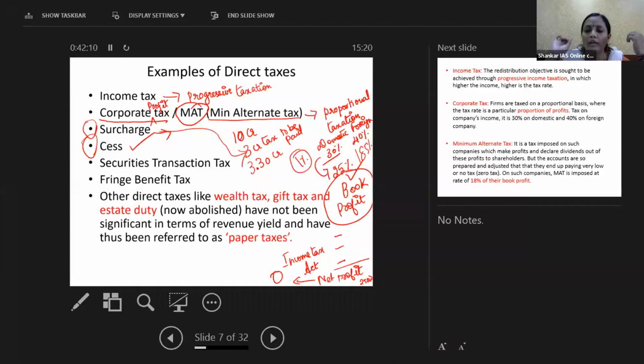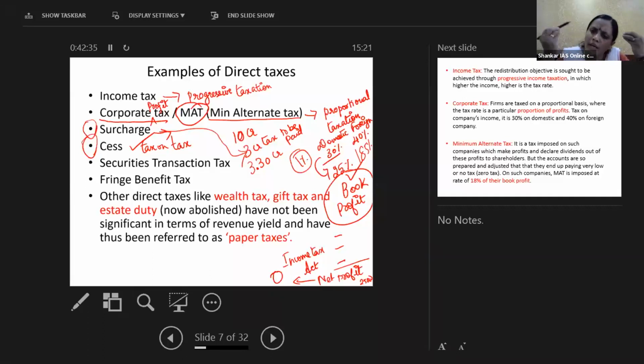So cess will be called tax on tax, like the surcharge. But surcharge will come into picture only when you earn a very high level of income. Cess is not like that. Even upon a 10 rupees pen, the government can levy Krishi Kalyan cess, primary healthcare cess, or Swachh Bharat cess.